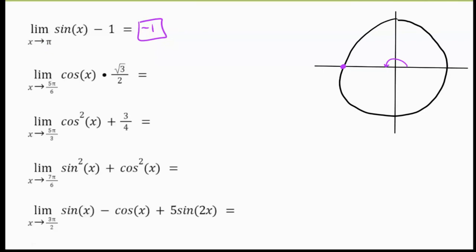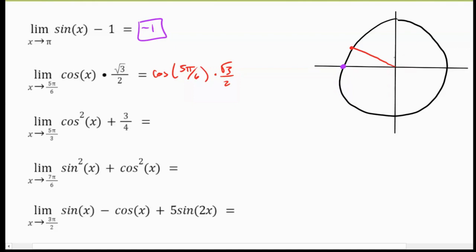Second one here, I'm plugging in 5 pi over 6. Here's where it gets a little bit trickier. I should probably change colors here. So I'm doing cosine of 5 pi over 6 times root 3 over 2. So 5 pi over 6, I know 6 pi over 6 is the same thing as pi, so I'm really like 1/6 of the way less.